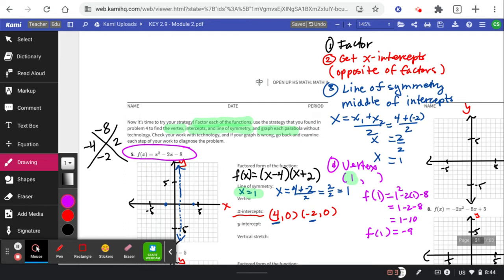So my vertex, I already had the x is 1. Now I have the y of -9. I had to put in the input to get the output. So my vertex is at 1, -9. So let's go put that dot on the graph.